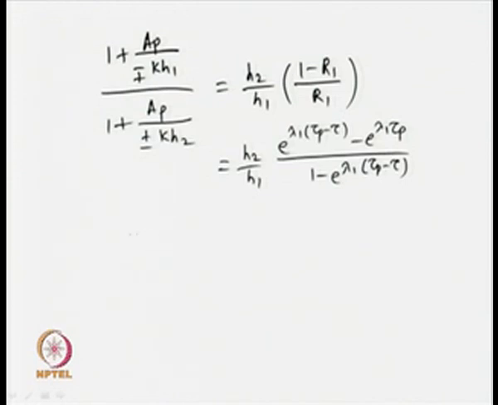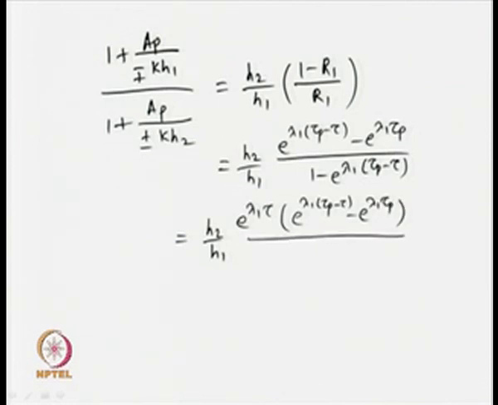Okay. So, this can be again written as h 2 upon h 1, multiply both numerator and denominator by the term e to the power lambda 1 tau, that will give e to the power lambda 1 tau times e to the power lambda 1 tau p minus tau minus e to the power lambda 1 tau p.